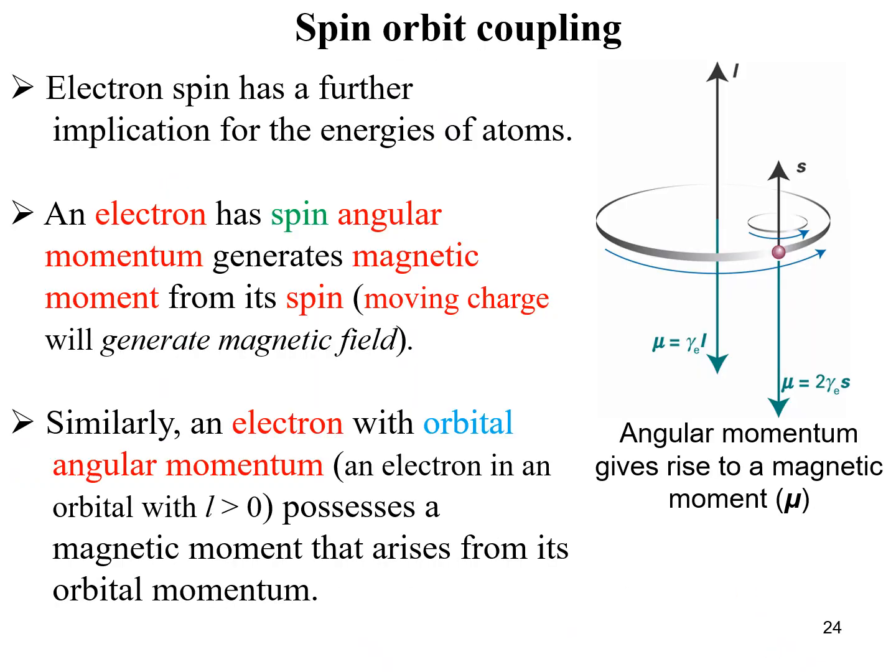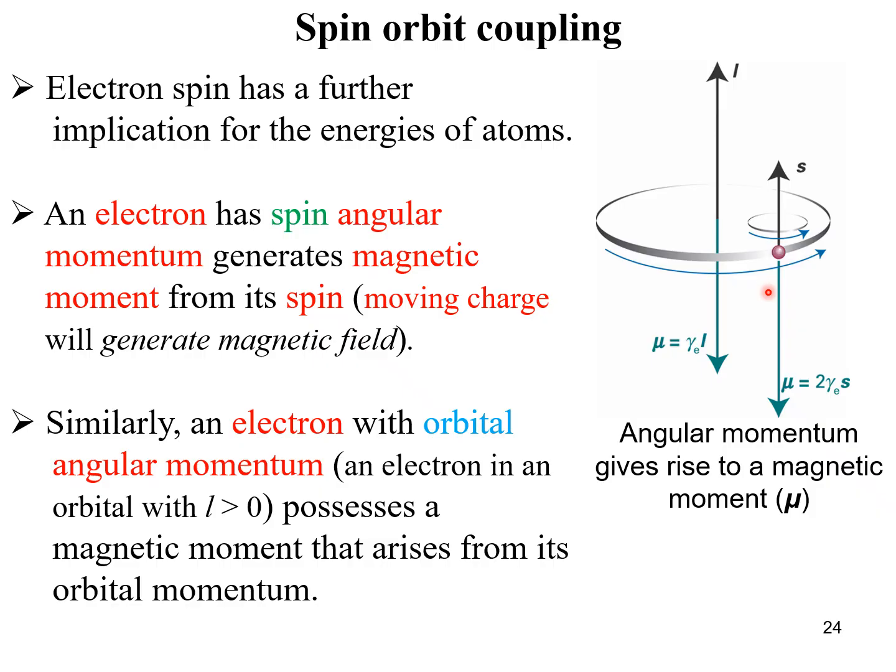The total electronic angular momentum quantum number J arises due to the effect of spin-orbit coupling. When the electron is orbiting the nucleus, the electron will have orbital angular momentum, and at the same time, the electron will also spin on its own axis.